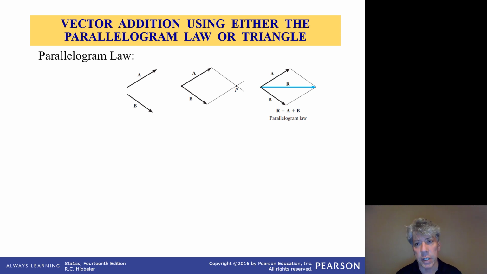One interesting thing about vectors that it took me a while to figure out when I was a student years ago is that vectors can be moved around at will. I think I'd finished algebra or something by the time I learned vectors, and I was a little confused because I was used to a point in the grid system in the first, second, third, or fourth quadrant.